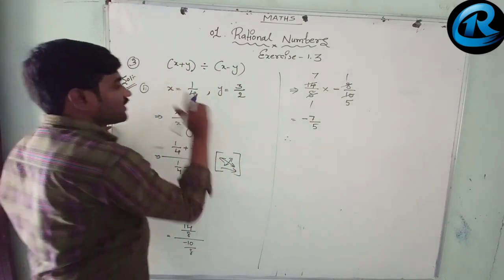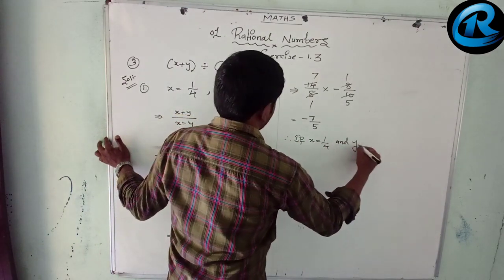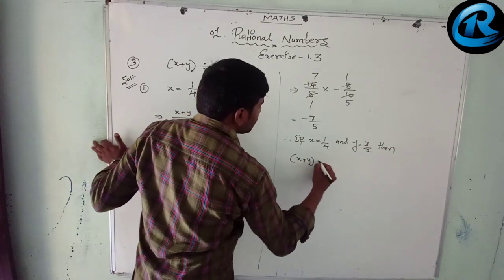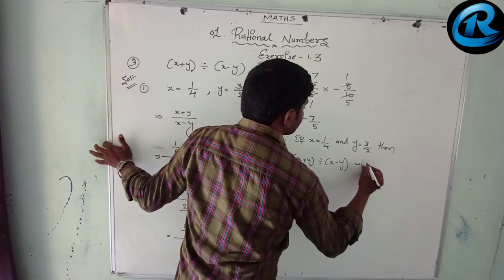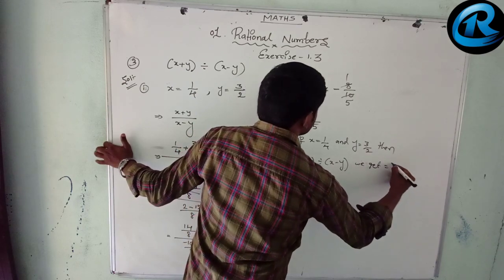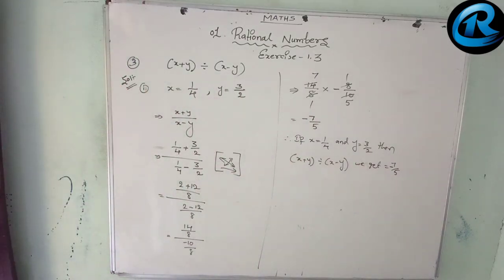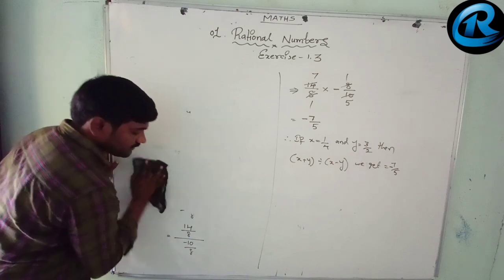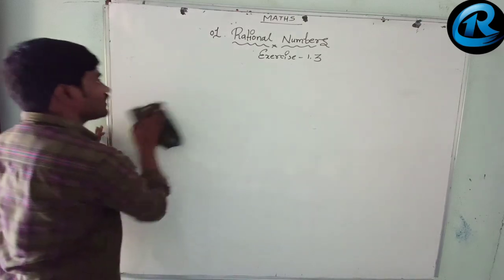Therefore we can write, if x equal to 1 by 4 and y equal to 3 by 2, then x plus y when divided by x minus y, we get minus 7 by 5. See how clearly you can do this. Very slowly if you attempt the answers, very carefully you do the solutions and simplifications so that you get the answer perfect without any mistakes.